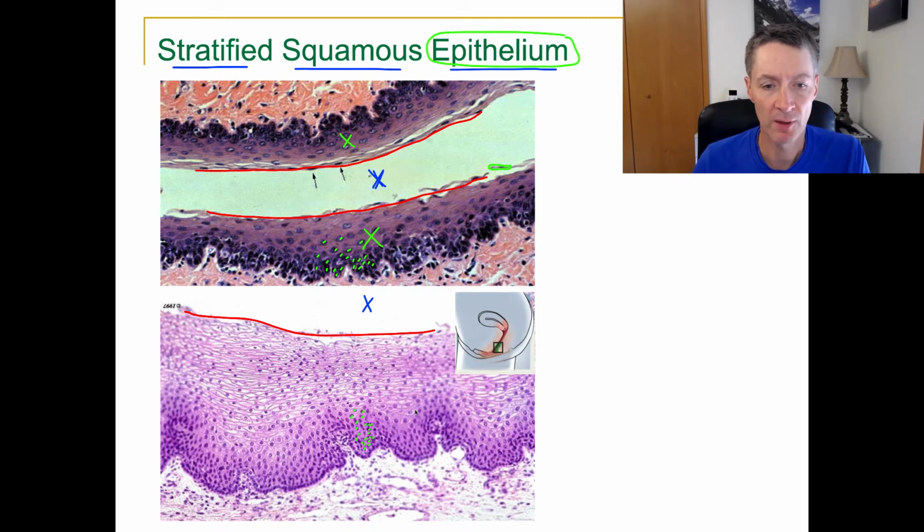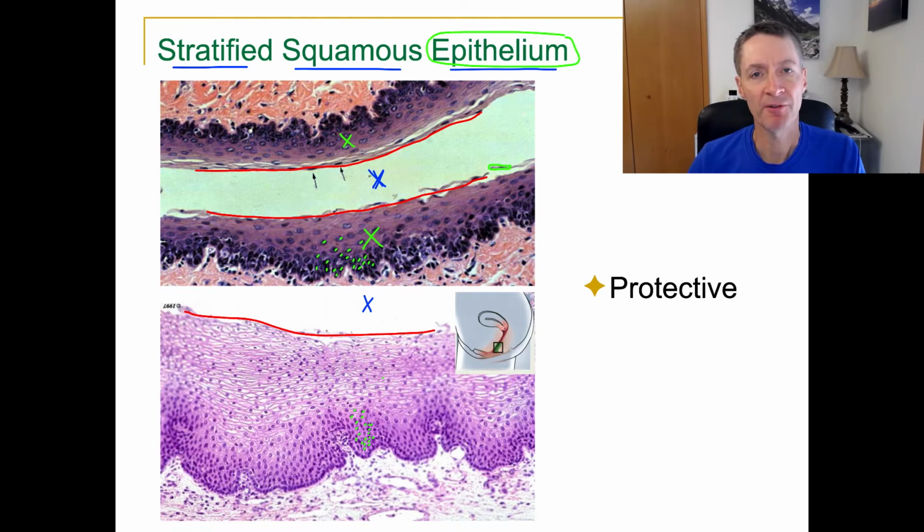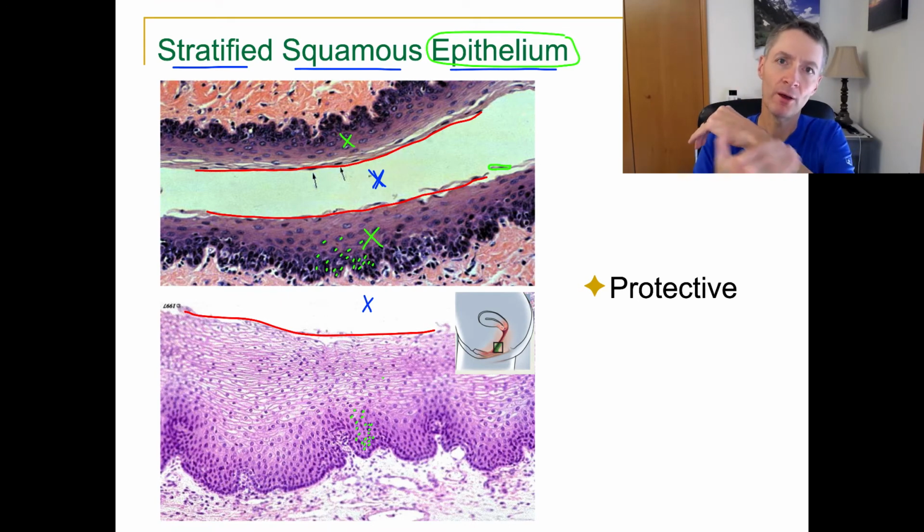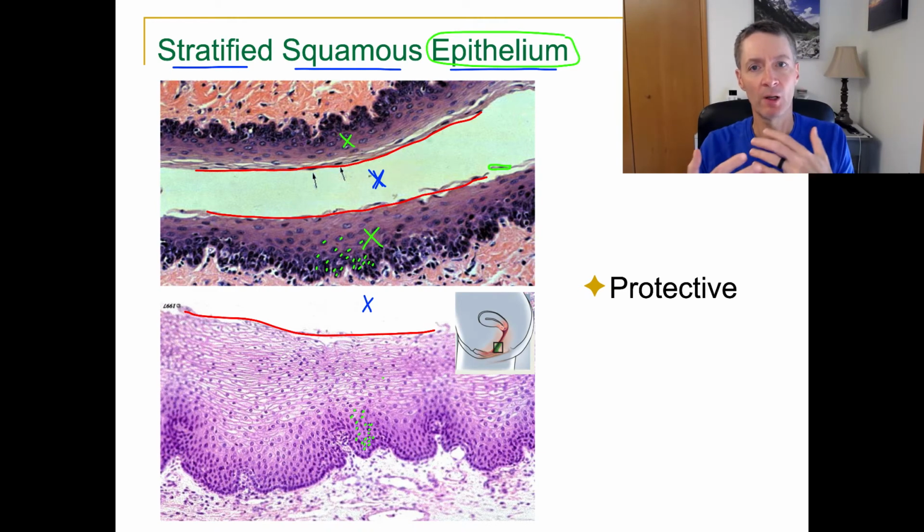This happens to be the inner lining of the vagina, okay? But you see this kind of lining, this stratified squamous, inside your mouth, inside your nose, and just inside the urethra, all these different places, not just the skin. All right, so what's a major function of stratified squamous? Well, if you have many layers to the wall on the outside surface, it makes sense that this would be protective. It's not going to allow things to just go freely through that wall if it's stacked up many layers thick.